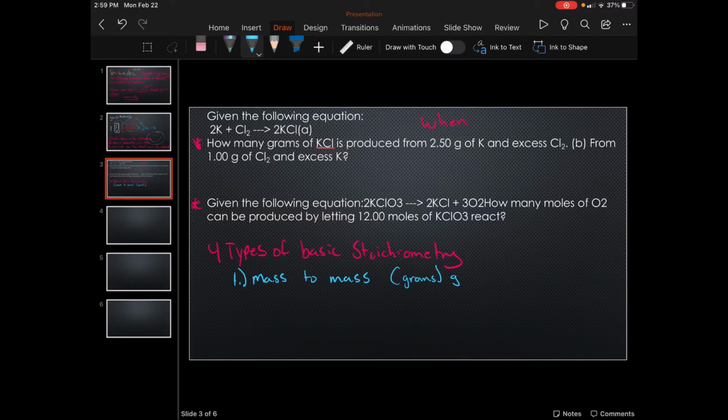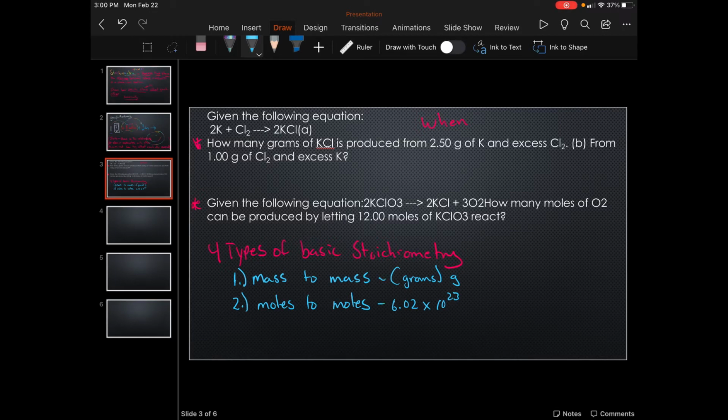And then there is moles to moles. You really don't need to know the unit, but we know that a mole is 6.02 times 10 to the 23rd. We really don't need that right now, but you just know that.